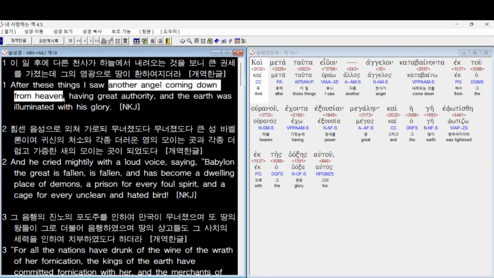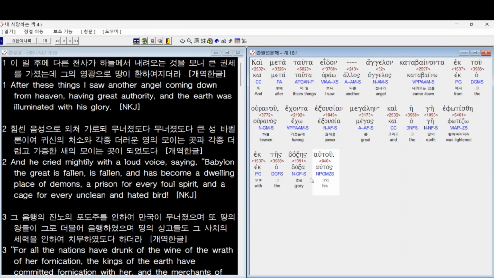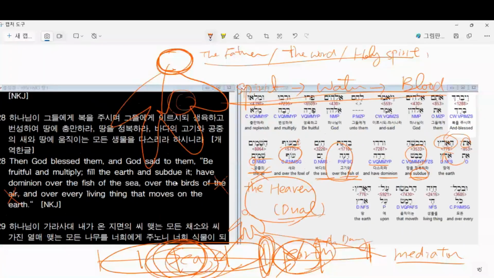When I eat that little book, which is a neuter book, then my earth is lightened. Illuminated, lightened out of his glory. Ek tes doxes autou. Out of his glory, the earth was lightened. Because I just ate the neuter book, my earth, which is my belief in my heart, is lightened.